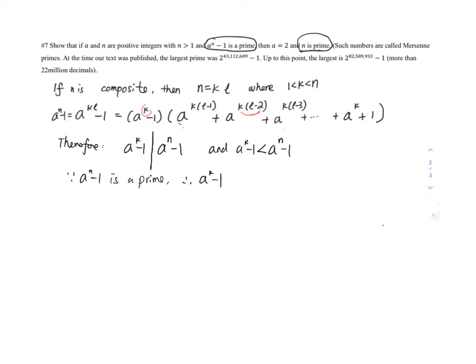Now, this is not itself because it's less than a to the n minus 1. It has to be 1 in this case, which means a to the k is equal to 2.